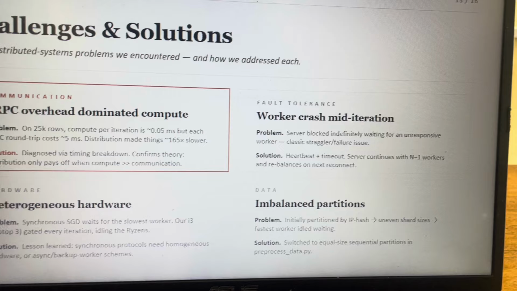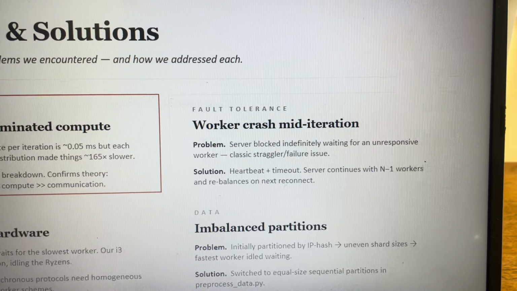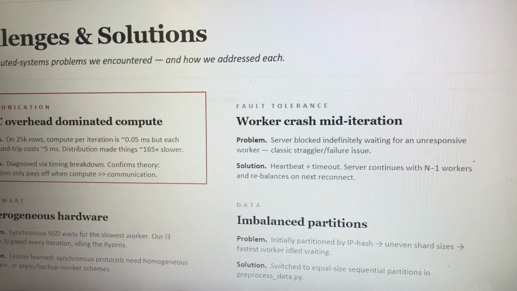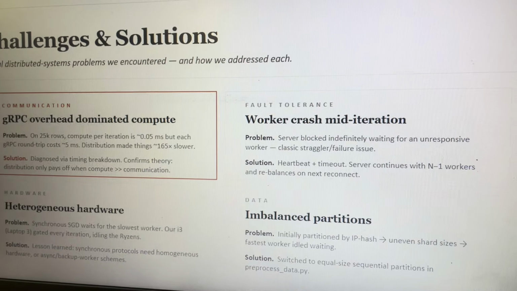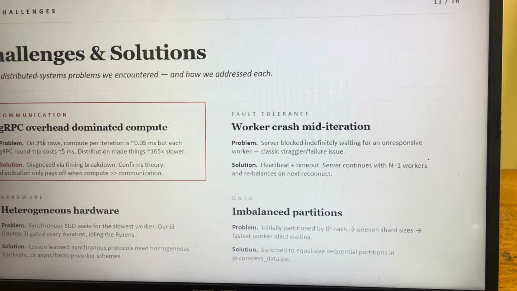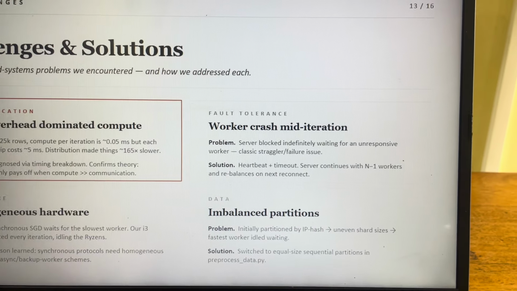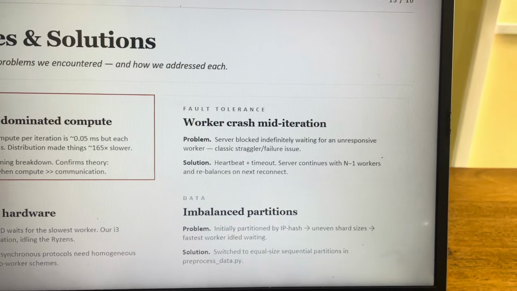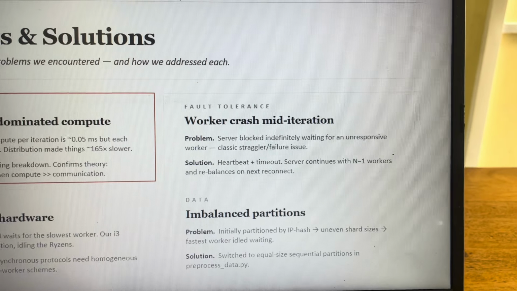Now, a worker can crash mid-iteration. The problem is that the server blocked indefinitely waiting for an unresponsive worker, which is a classic straggler or failure issue. The solution was a heartbeat plus timeout: the server continues with N-1 workers and rebalances on the next reconnect.